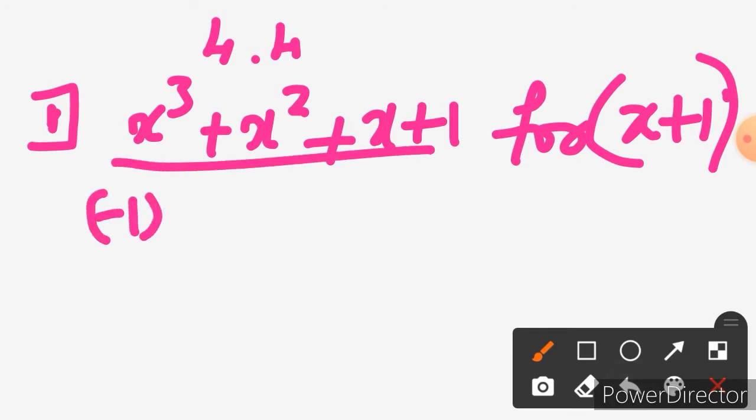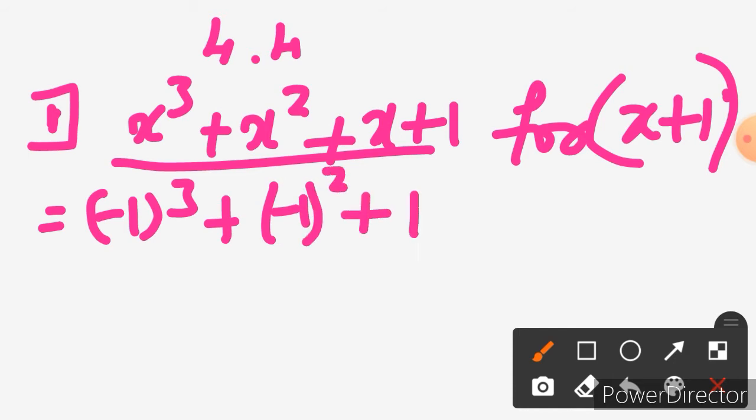So minus 1 whole cube plus minus 1 whole square plus minus 1 plus 1. Wherever there is x, I substitute the value x equals minus 1. Minus 1 whole cube is minus 1 itself, because an odd power of a negative number gives a negative number.